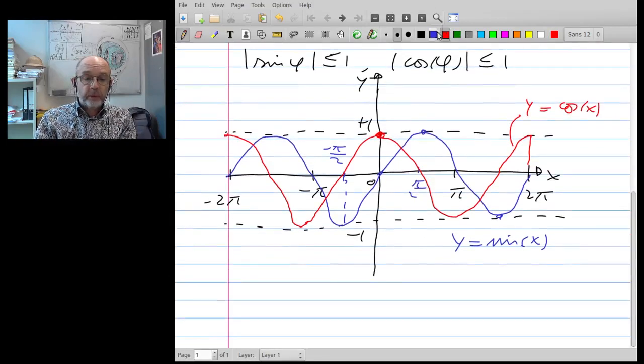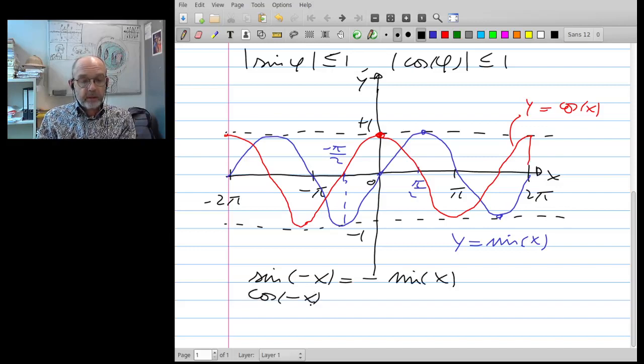And then you have all kinds of other things. The sine of minus x is minus the sine of x, the cosine of minus x is equal to the cosine of x, etc. All kinds of other formulas.